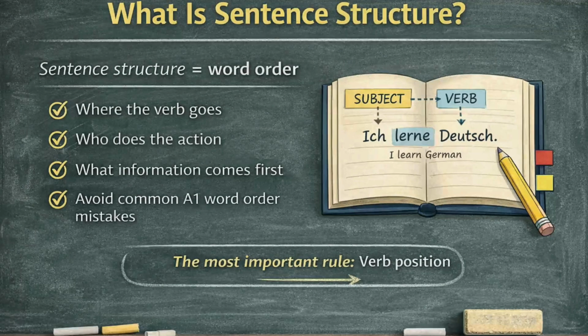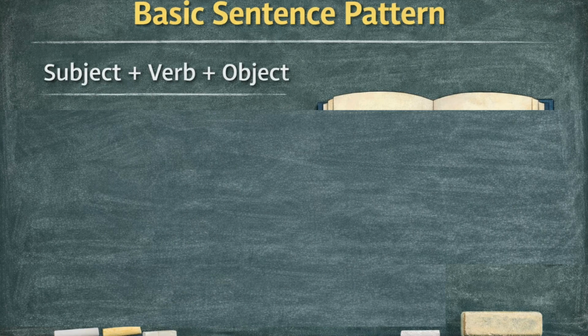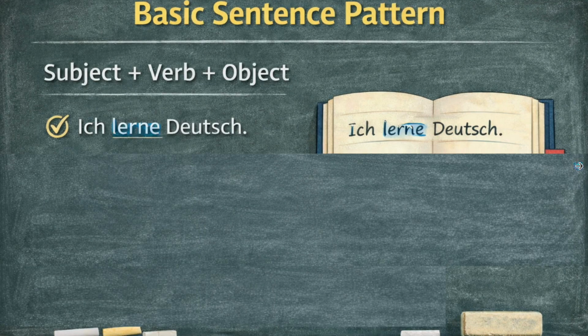What is verb position? Before I look at verb position, let us understand the basic sentence pattern. Just like in English, the German sentence structure assumes a subject, verb, object structure. For example, ich lerne Deutsch.